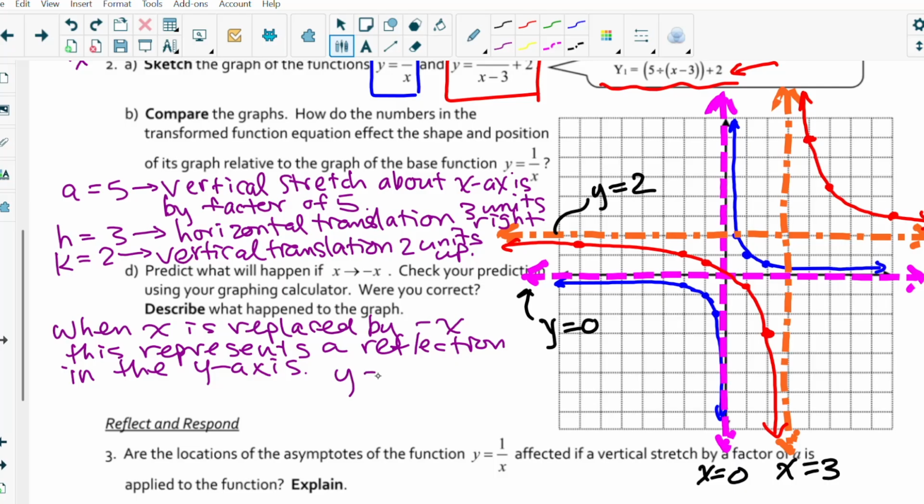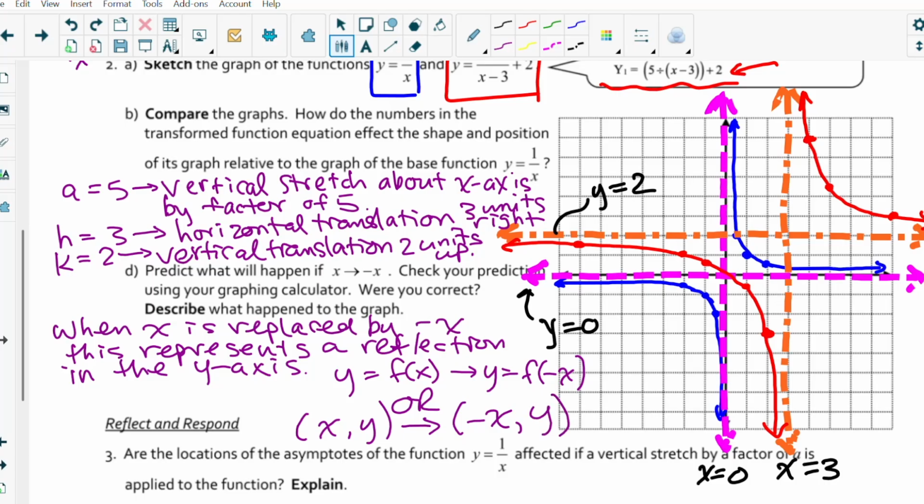Okay, so what is going on? y equals f of x becomes y equals f of negative x, or with mapping notation, (x, y) becomes (negative x, y). Okay, were you correct? So I checked this.